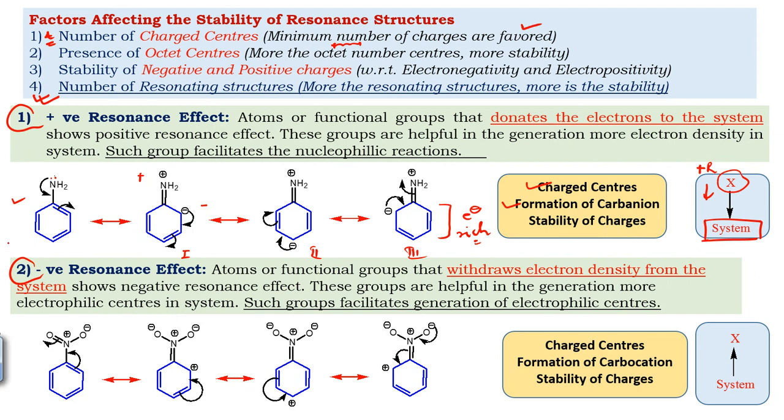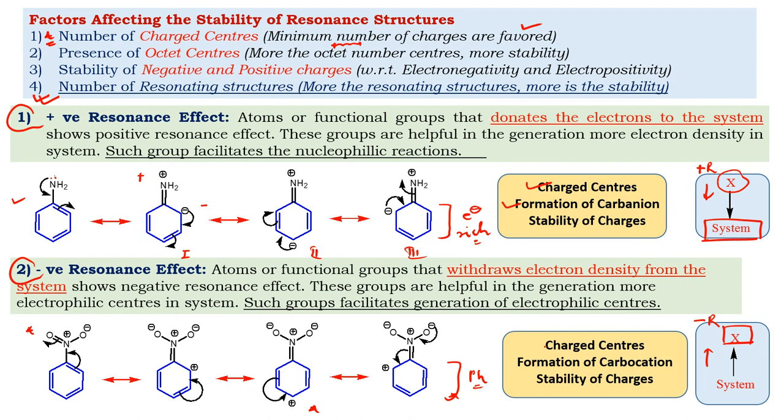On the contrary, we have the negative resonance effect. You will find this is the group that is showing a negative R effect, so it withdraws electrons from the carbon. As you are seeing here, the nitro group, which is a strong electron withdrawing group, pulls electrons from the system and it is creating a positive charge in the system. Here the system is the phenyl group, and over the phenyl group you are finding the formation of a carbocation.